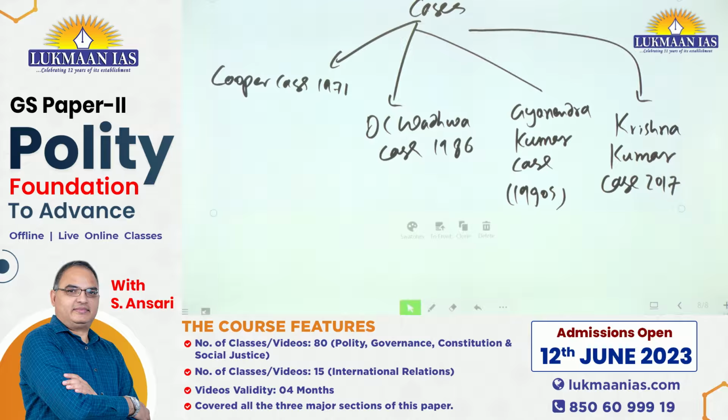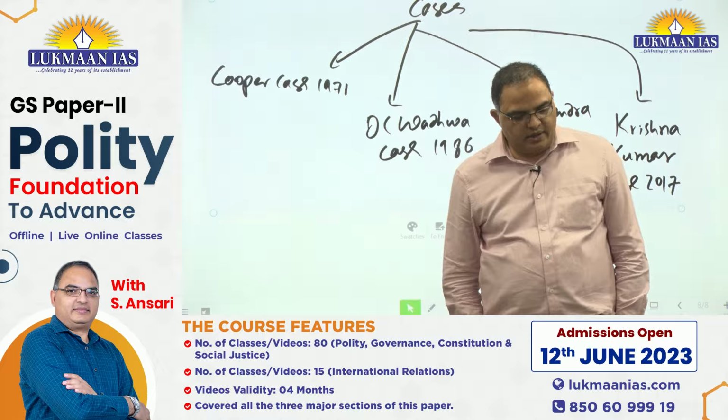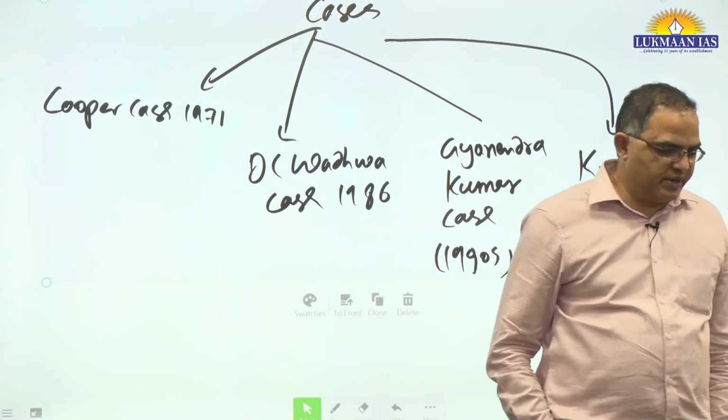Next, Kerala has repromulgated 5 ordinances.